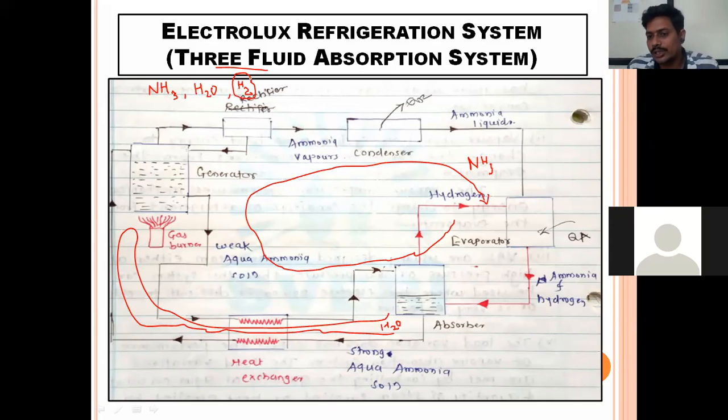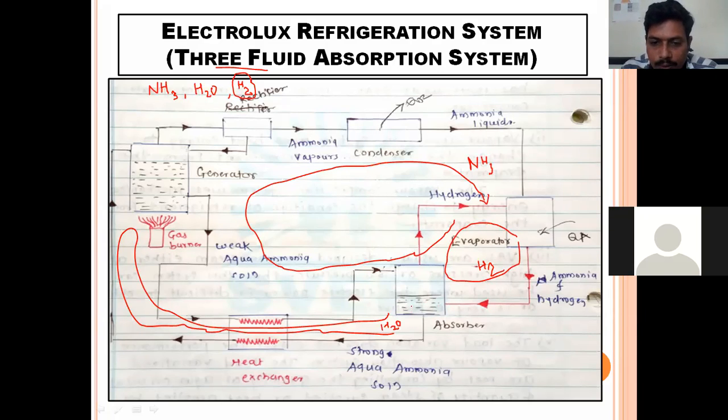आता ह्या ठिकाणी हायड्रोजन घ्यायची गरज काय पडली कोण सांगेल? Why do we have to use the hydrogen? Whatever flow of hydrogen there is will be limited only from the evaporator to the absorber, and from absorber to the evaporator.